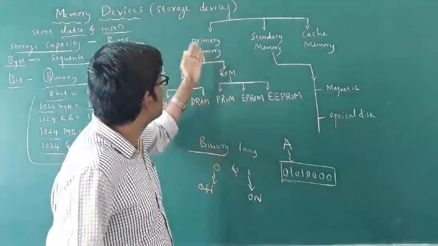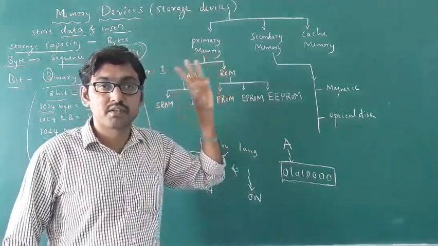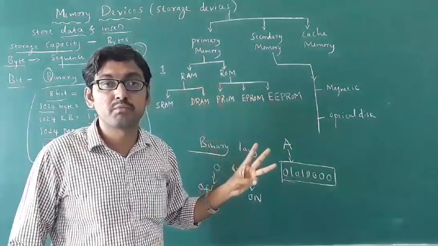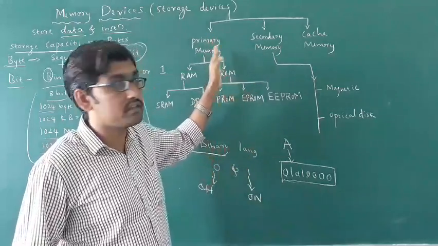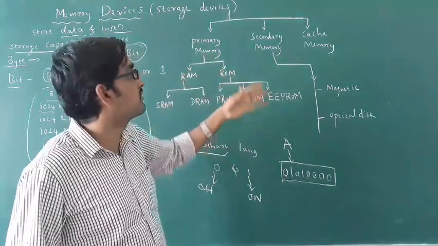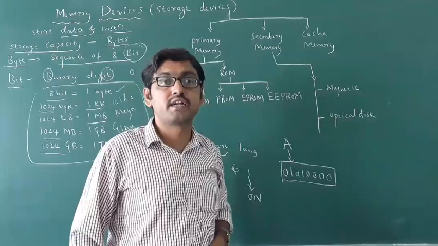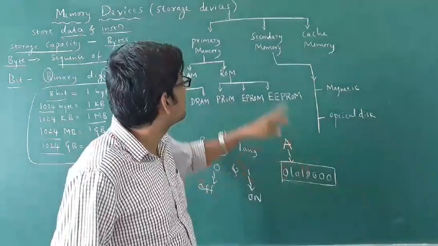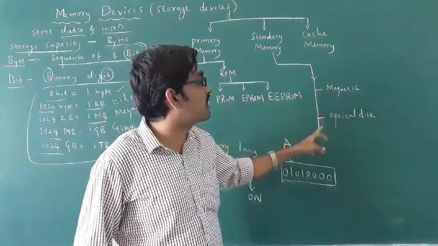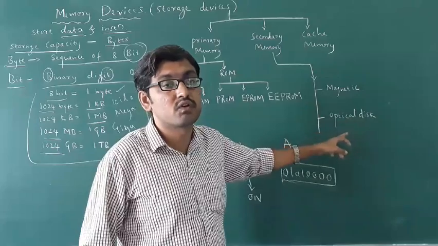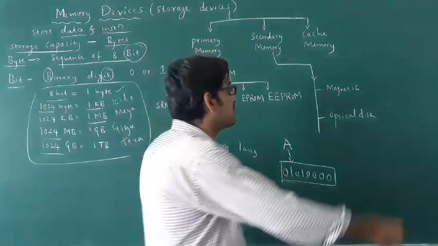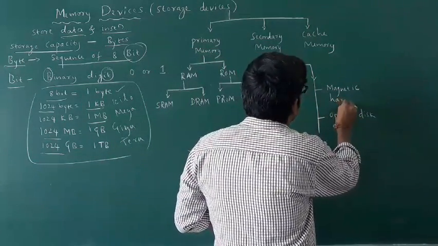In a computer we have three types of memory devices. One is the primary memory. This is the classification. Then secondary memory. In secondary memory you have two types: one is magnetic disk, the second is optical disk. Magnetic disk example is a hard disk.